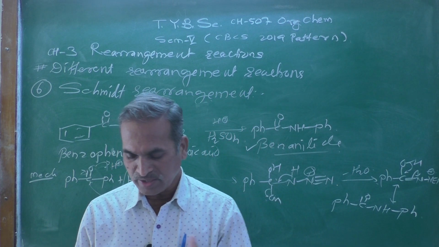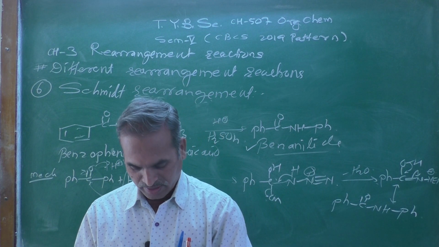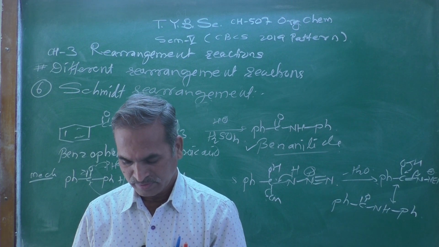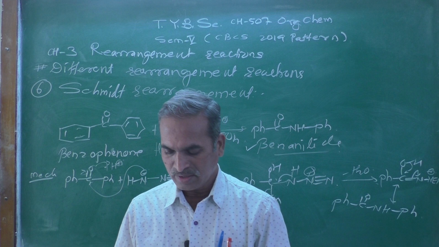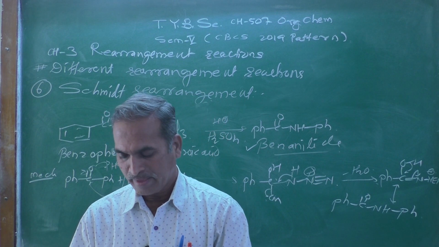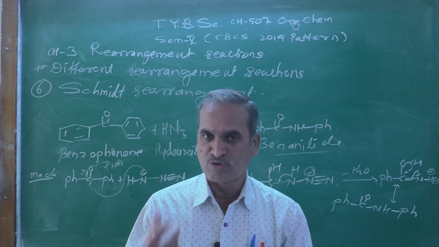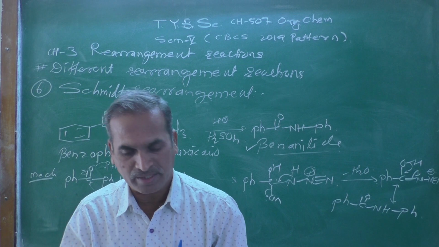In case of asymmetrical ketones, two isomeric amides can be formed. In case of alkyl aryl ketones, for example acetophenone, usually the aryl group migrates preferentially.